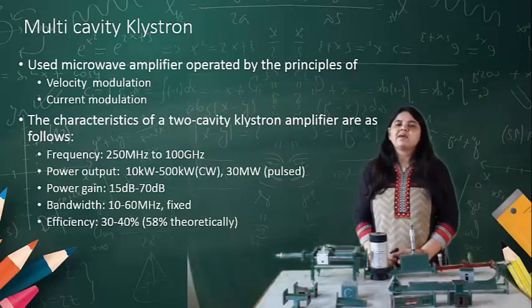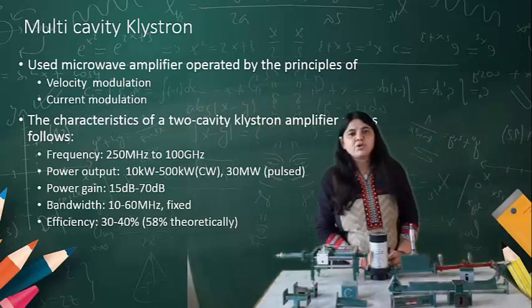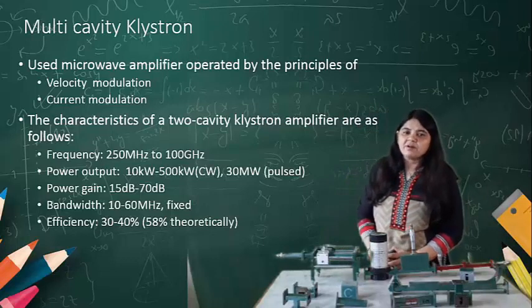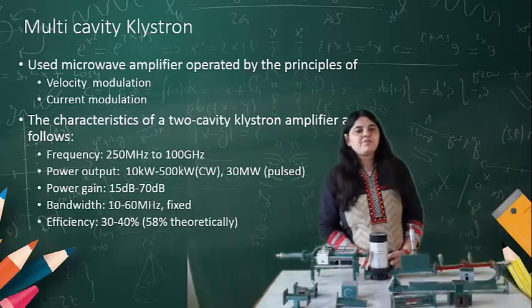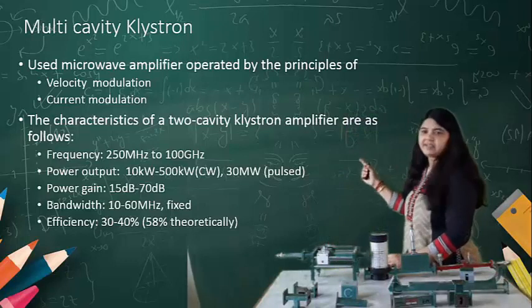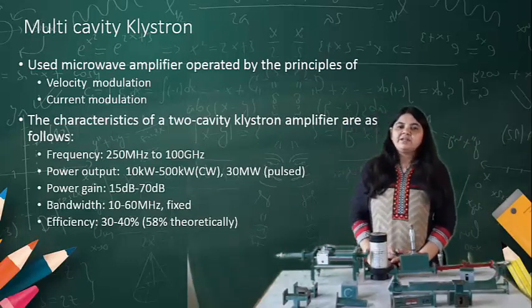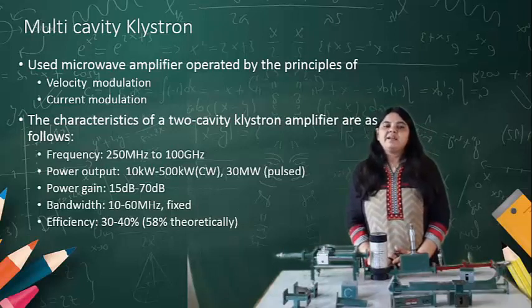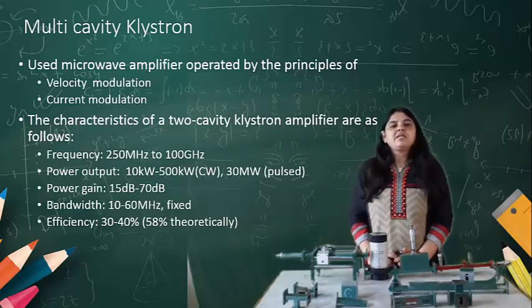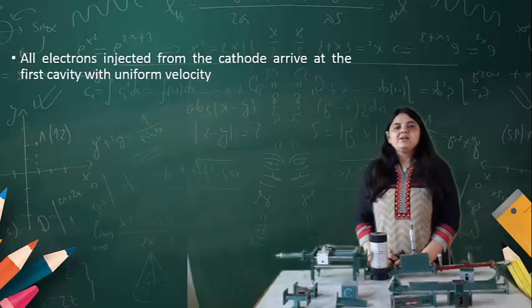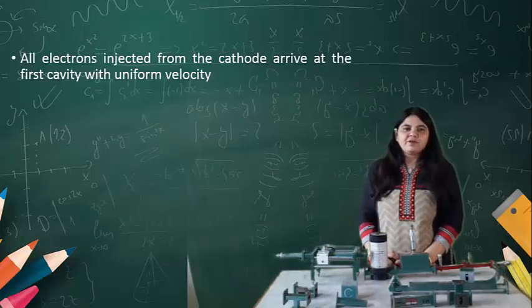That is why microwave devices are used, which generate high power. The power gain is 15 dB to 70 dB. Bandwidth is 10 to 60 megahertz and efficiency is 30 to 40%. Theoretically and practically, these values can be different.